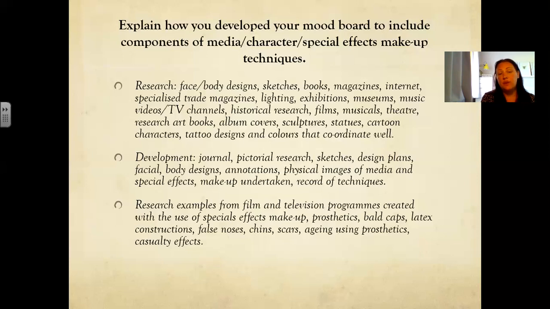So with that, you go with your body designs, your face designs, you think about your costume, you're then going to start thinking about any prosthetics you might need, and start breaking down what products, tools and equipment you need, and start to record the techniques. So think about your method on how you're going to actually go about creating this character.